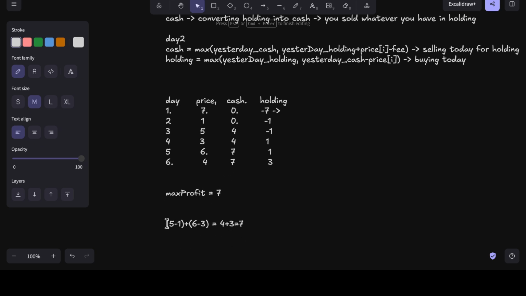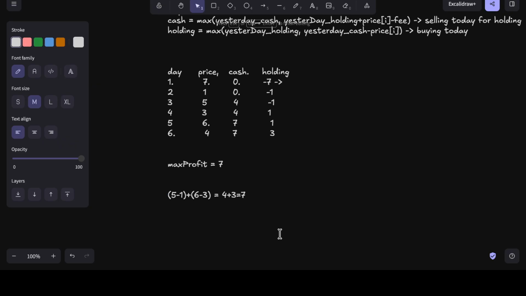So if you break it down, how does it make a profit of 7? You buy on day 2, where the price is 1, and sell on day 3, where the price is 5, which gives a profit of 4. Similarly, you buy on day 4, where the price is 3, and sell on day 5, where the price is 6, which gives 3.